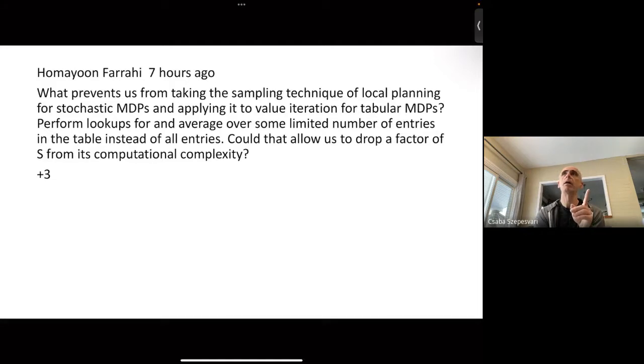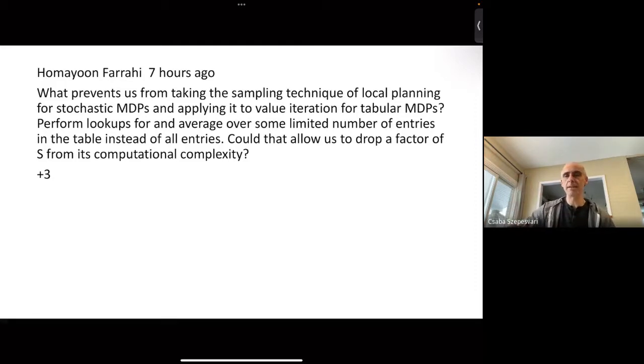if you don't have a simulator, but you only have a table-based representation of the MDP, like these big tables for next state probabilities. For every state action pair, you have a vector, so you have SA of these vectors of length S. And that's how the MDP is given to you.